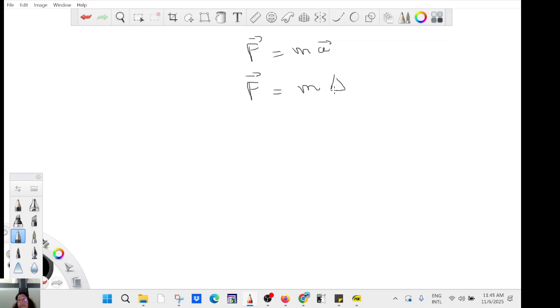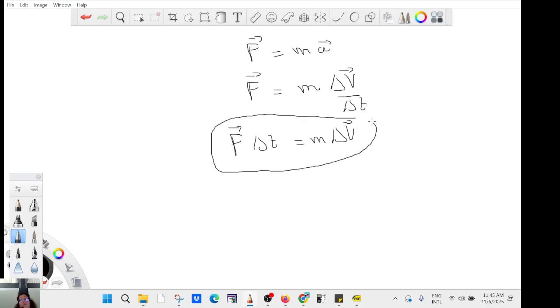Let's say just delta v over delta t. So you multiply by the time on both sides, and you have F delta t equals m delta v. And that's how Newton wrote his second law in his book.